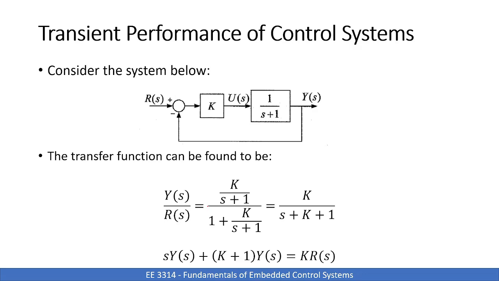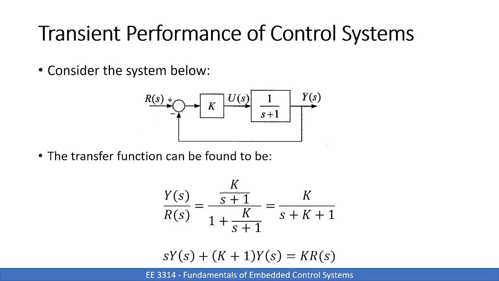Okay, so let's look at that same system we looked at before, where we have a proportional block here, where the input, the control signal to our system is going to be basically just proportional to the error. So we can find the transfer function of this. For the unity feedback, we know that that is going to be this top transfer function over 1 plus that top transfer function.